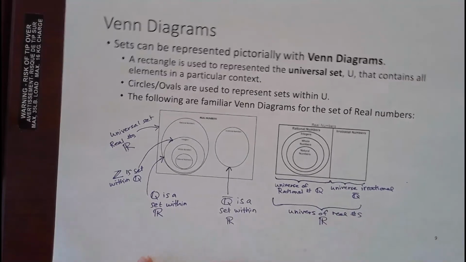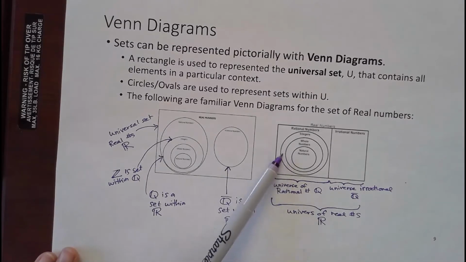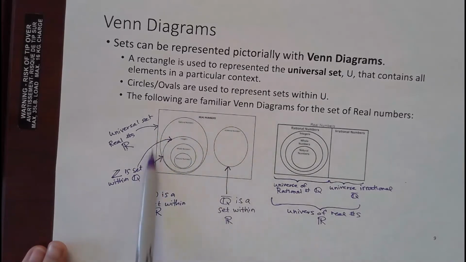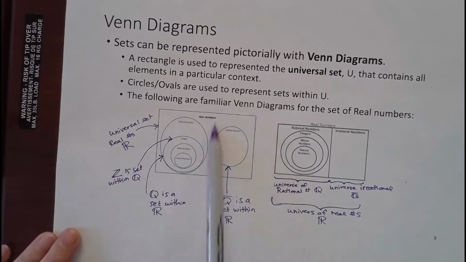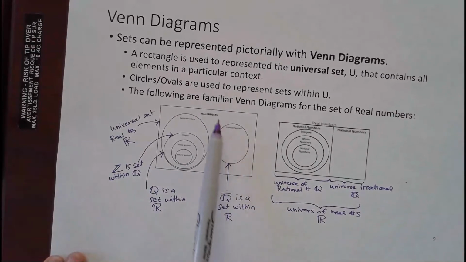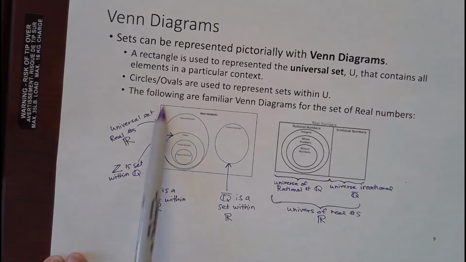So that's our R. And the ovals in here are similar to the ovals over there. One thing that's nice about this one instead of the other is that when you look at this picture, because there's space around here, it makes you feel like there could be things out here that aren't irrational numbers and aren't rational numbers, but are still in the universe of real numbers.